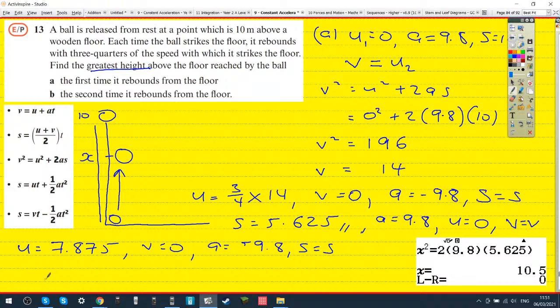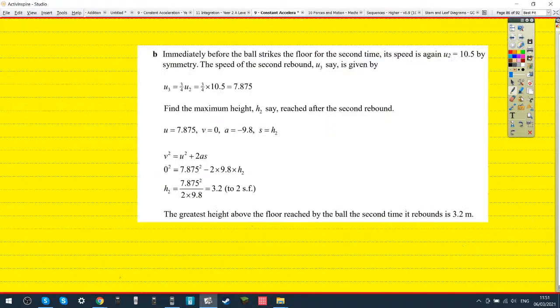I got 3.16 to 2 decimal places. They rounded it to 3.2 to 2 significant figures.